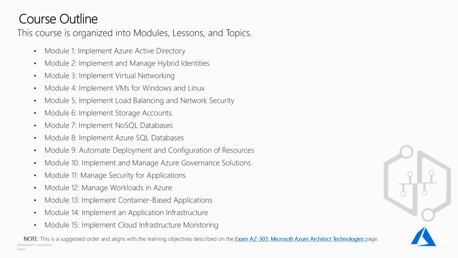These are the 15 modules that we have as part of our learning. And you'll see, starting from Azure Active Directory, that is building the foundations in terms of security and identity management. Then moving ahead with infrastructure as a service, which is networking, creation of machines over here, load balancing.